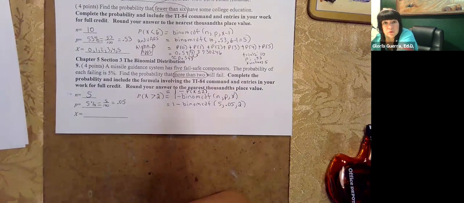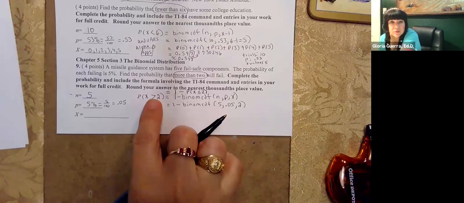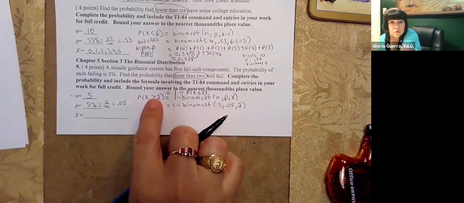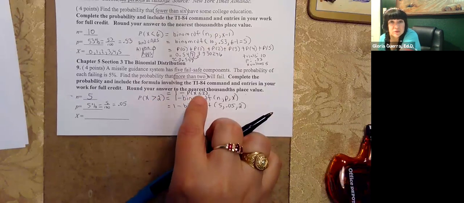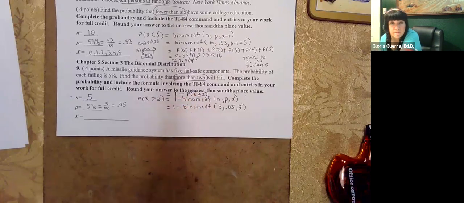If it's greater than 2, you're doing 1 minus the probability that X is less than or equal to 2. That's the complement of this. The complement of greater than 2 is less than or equal to 2. So that is true. 1 minus that.